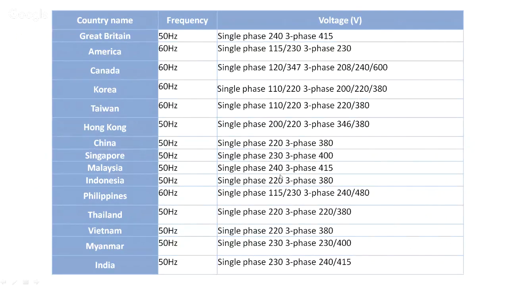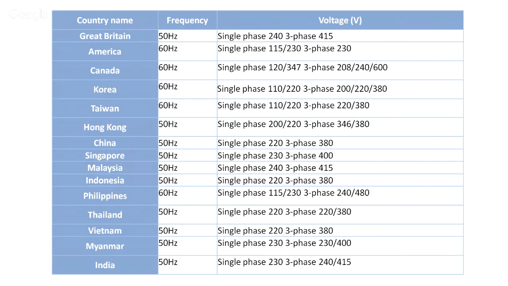So here is just a list of standard voltages which have been adopted in different countries. For example, Great Britain has a single-phase supply of 240 volts and a three-phase supply of 415 volts, working at 50 Hertz frequency.